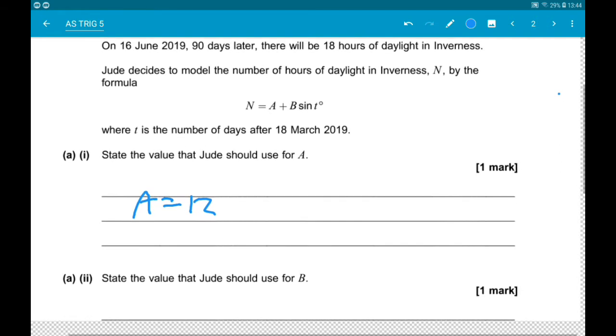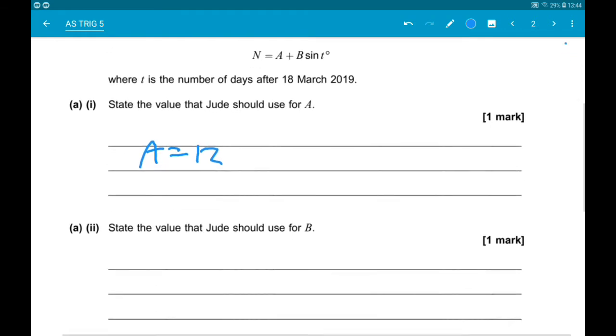Okay, then we want to state the value Jude should use for b. So we now know that n is 12 + b sin t. Now we know that when t is 90, n is 18.